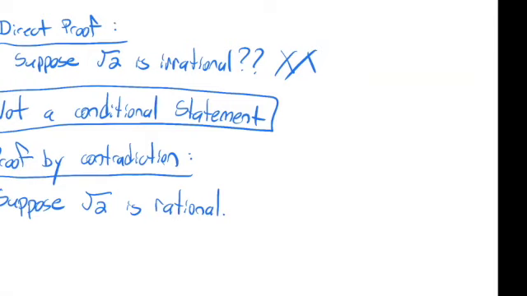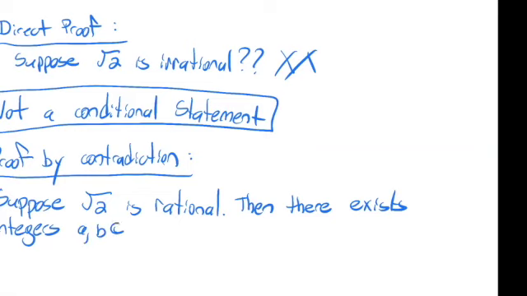And so if the square root of 2 is rational, then there exist 2 integers a and b such that the square root of 2 equals a over b.